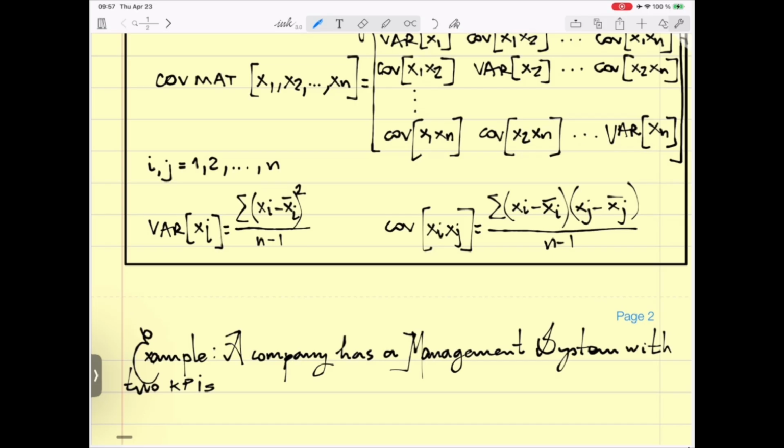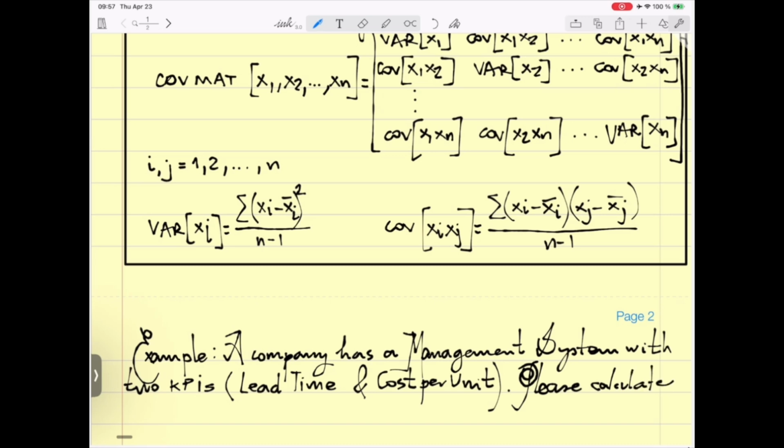KPIs meaning key performance indicator: lead time, in German Durchlaufzeit, and cost per unit, in German Kosten pro Stück. Please calculate the covariance matrix.